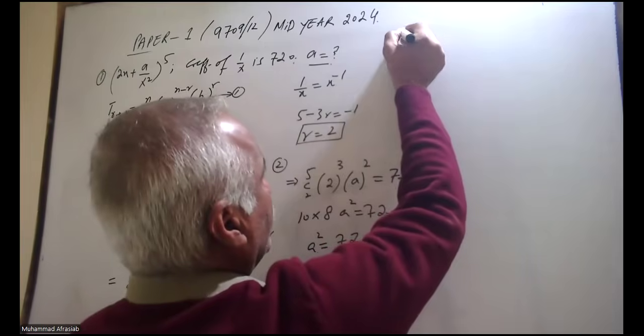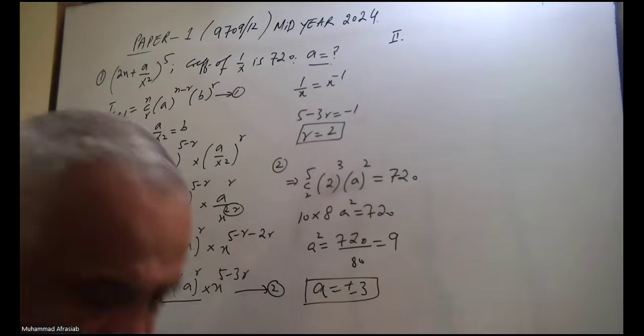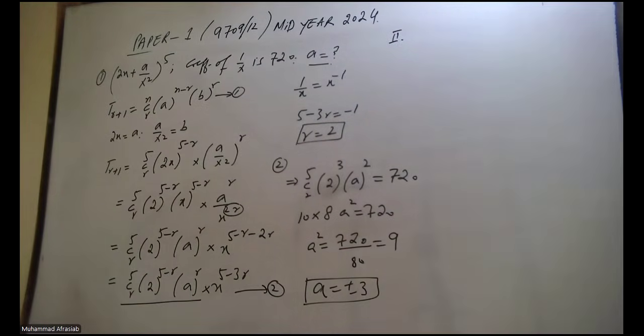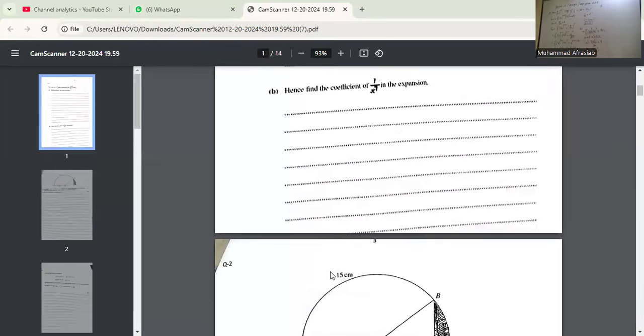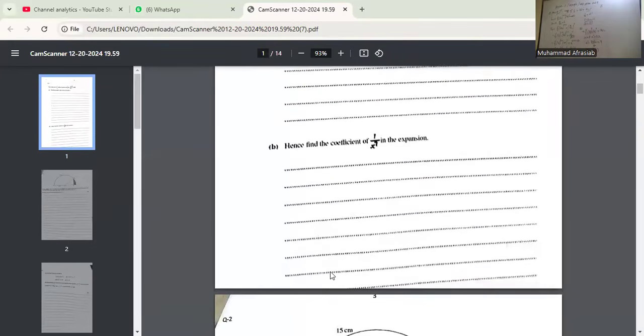Then we are going to start the second part of this question. Hence, find the coefficient of 1 over x power 7 in the expansion.